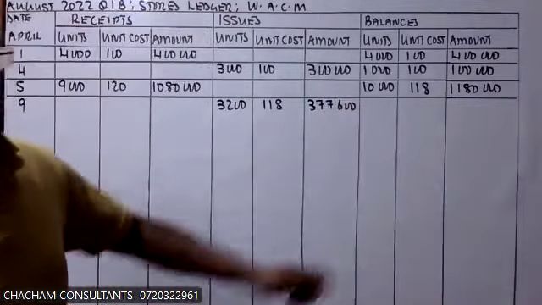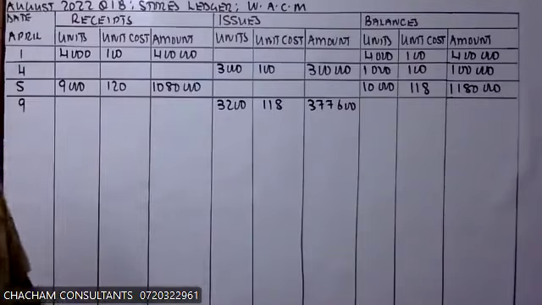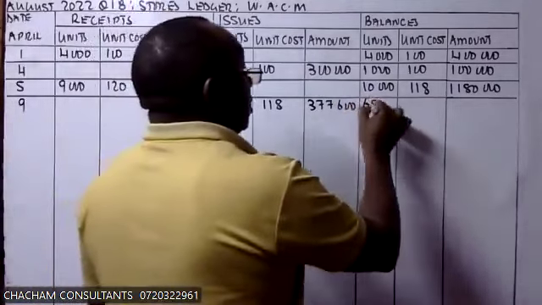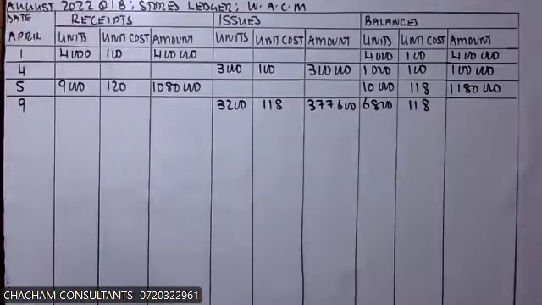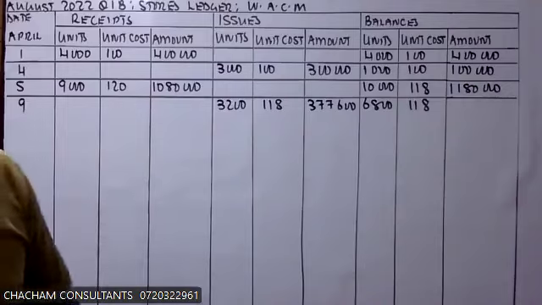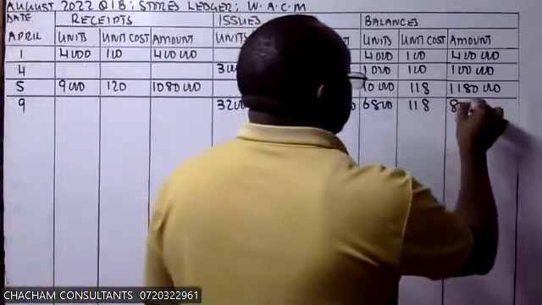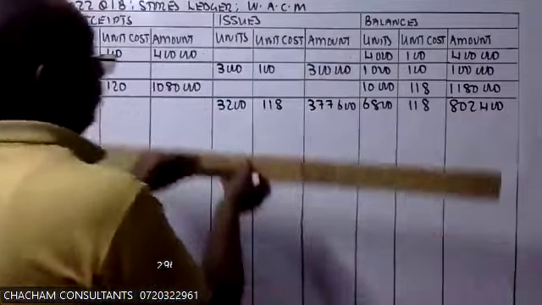Now tell me, we are left with how many? 10,000 minus that 3,200, 6,800. So at 118, $802,400. So that we close.